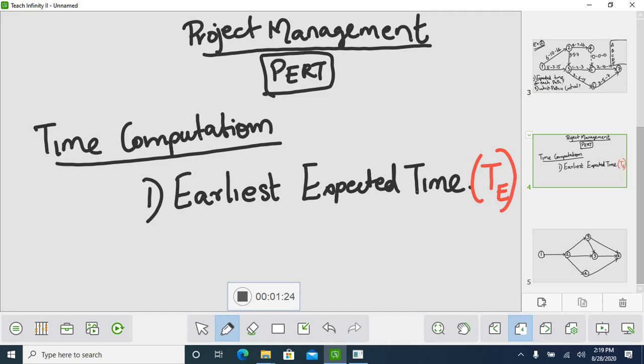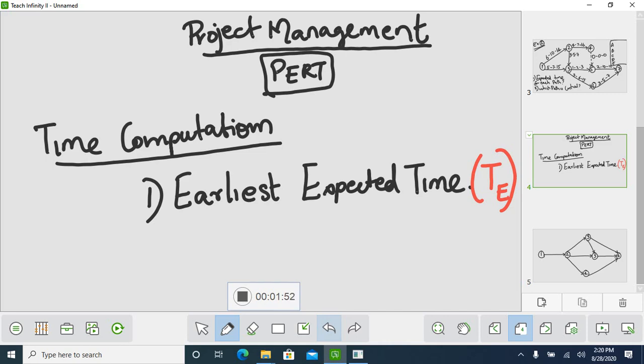We have already seen expected time denoted by small te. This is expected time, and capital TE is earliest expected time. So don't get confused about these two. We have expected time and time estimation. In time computation we have earliest expected time.